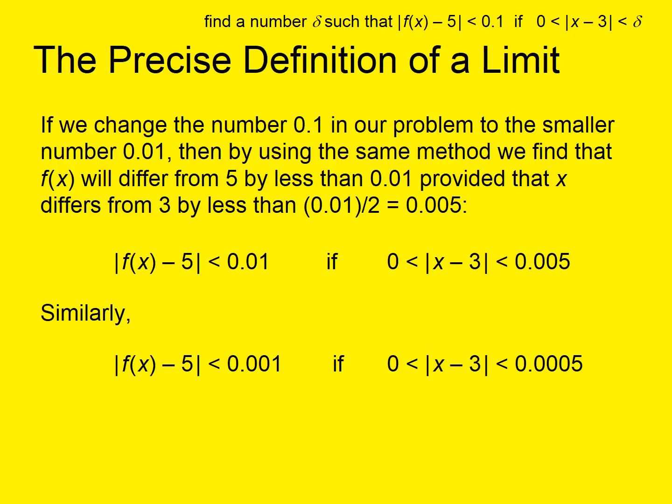In that case, we would get 0.0005 for our delta that would work in that situation.